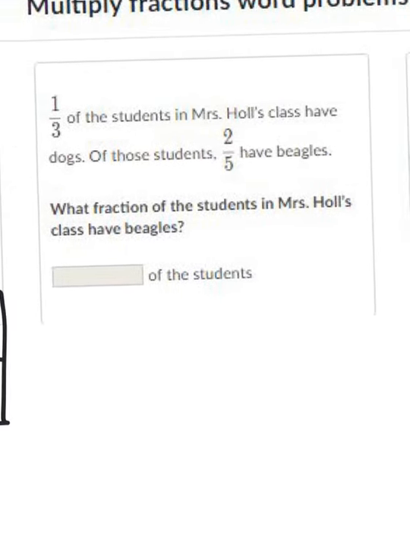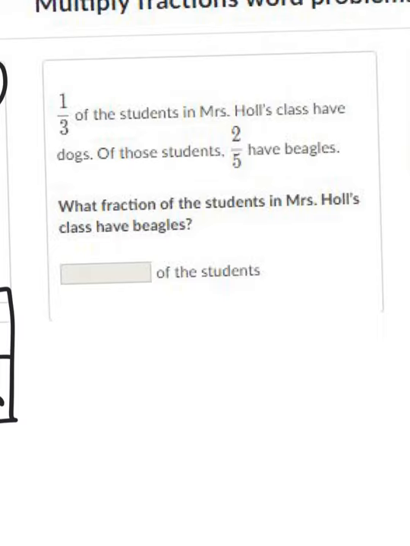All right, next one. 1/3 of the students in Miss Hull's class have dogs. Of those students, 2/5 have beagles. So a third. So think about that. That means if there were 30 kids in the class, a third of them, that would be 10, have dogs. And of those, 2/5 of them would have beagles, right?